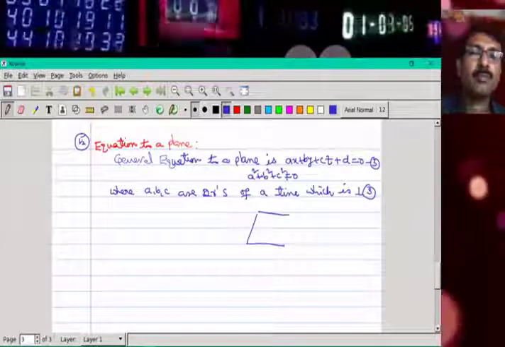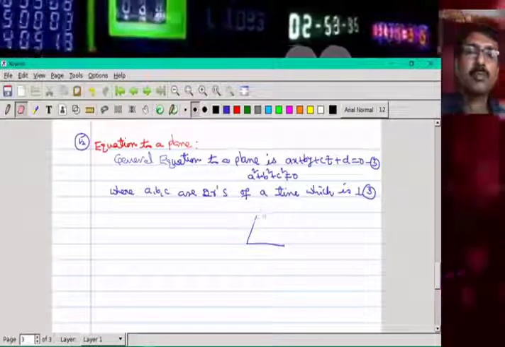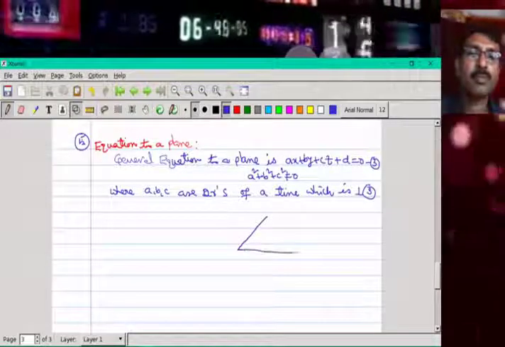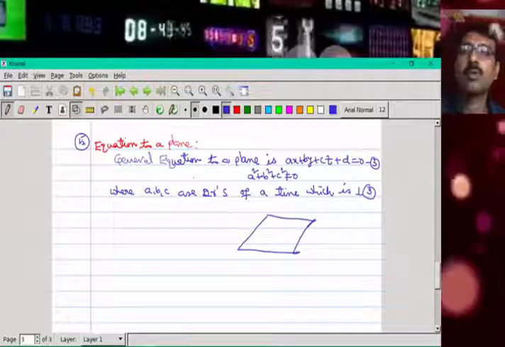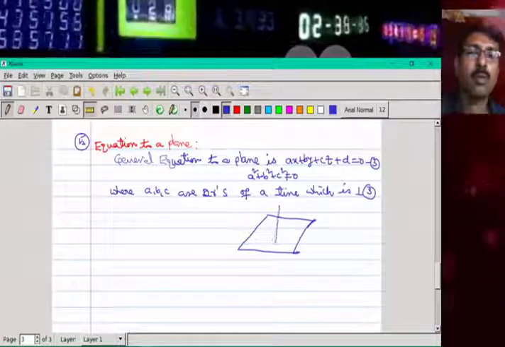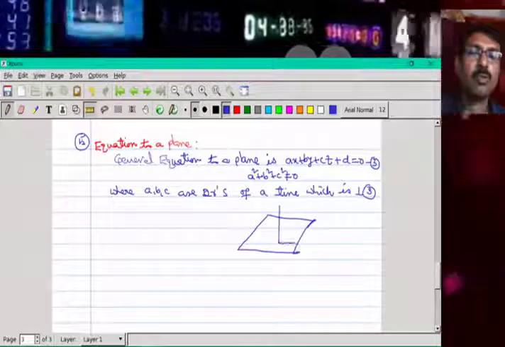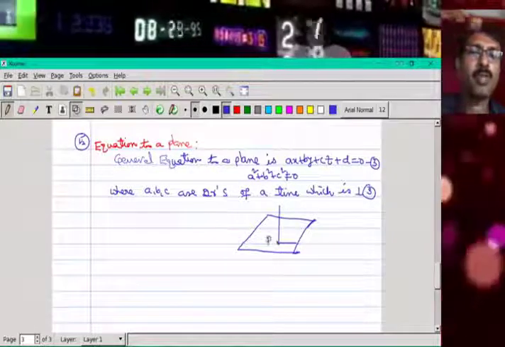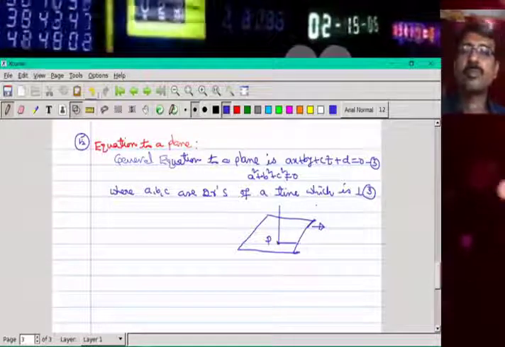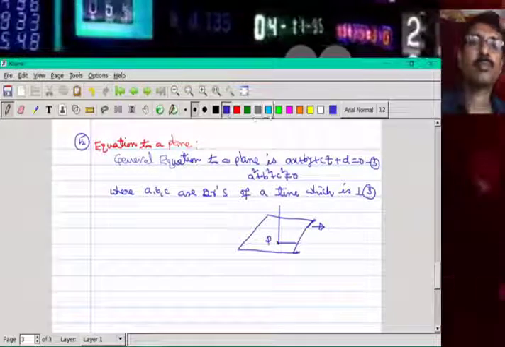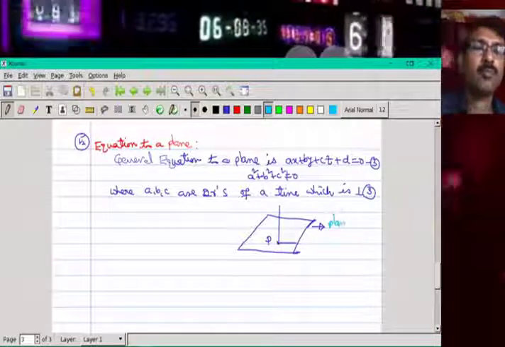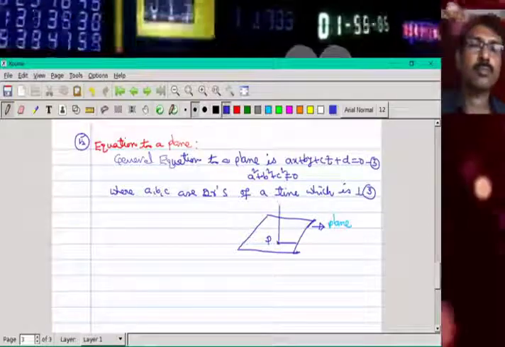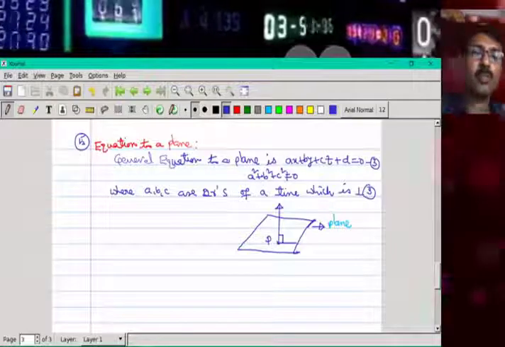Example, this is a plane. There is a line passing through a point P on the plane, which is perpendicular to the plane.